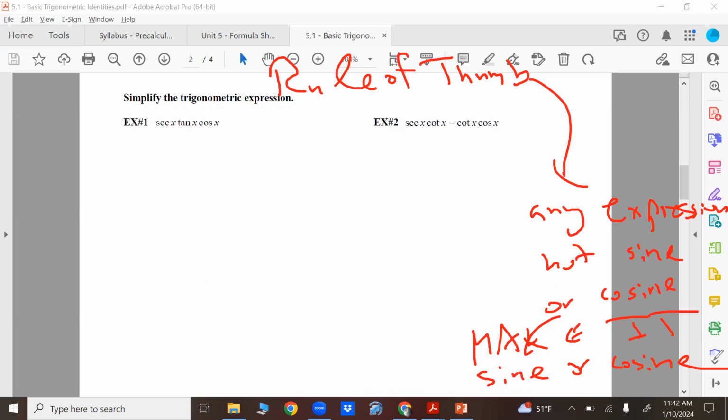That's just going to make the simplification much easier. That's really the golden rule here. Anything that's not sine or cosine, make it sine or cosine.